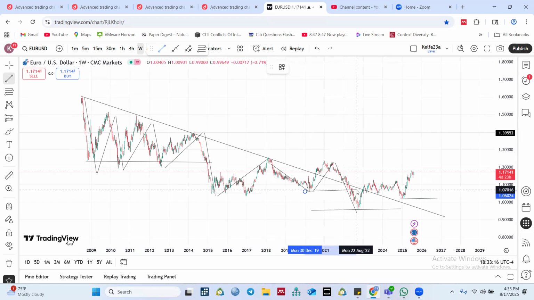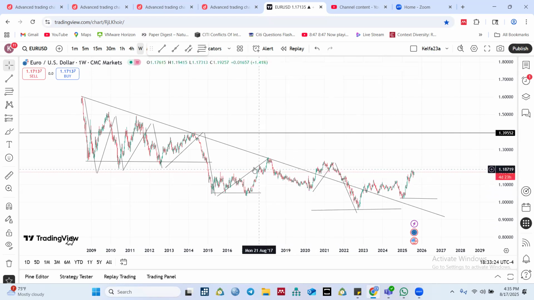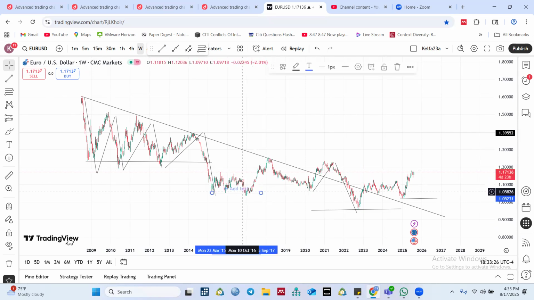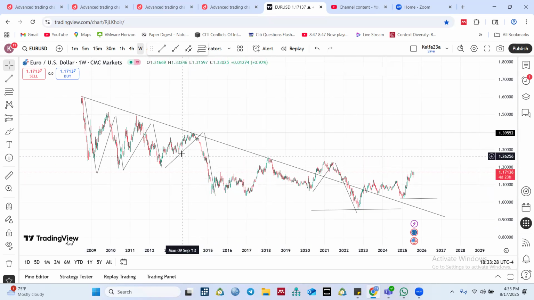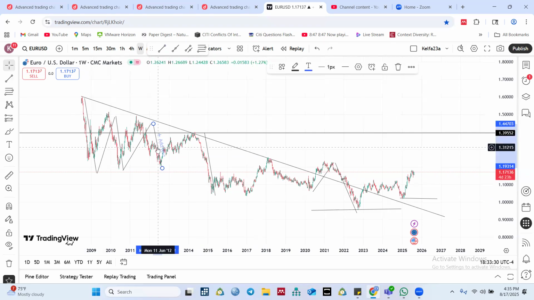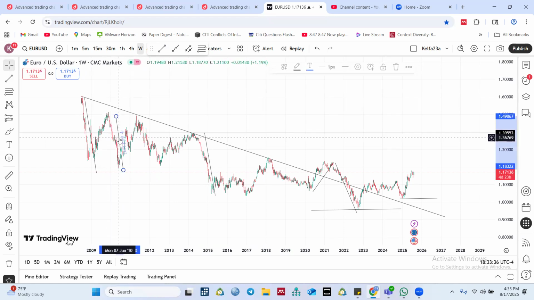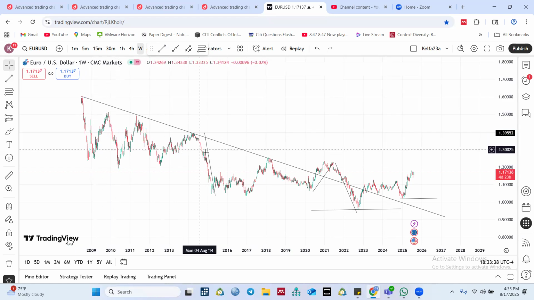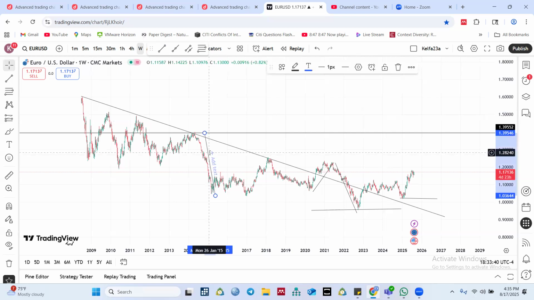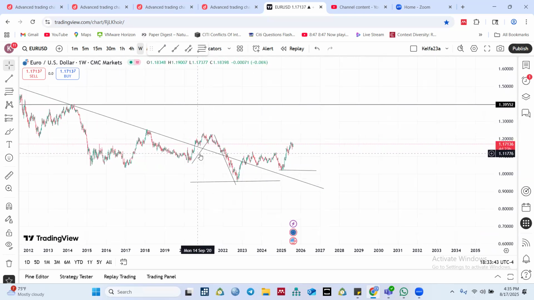But here we break this low into this area and we break structure to the downside. So we are breaking or shifting structure to the downside with previous lows being taken out all the time. That is what is telling us that this market is bearish from the whole bigger picture.